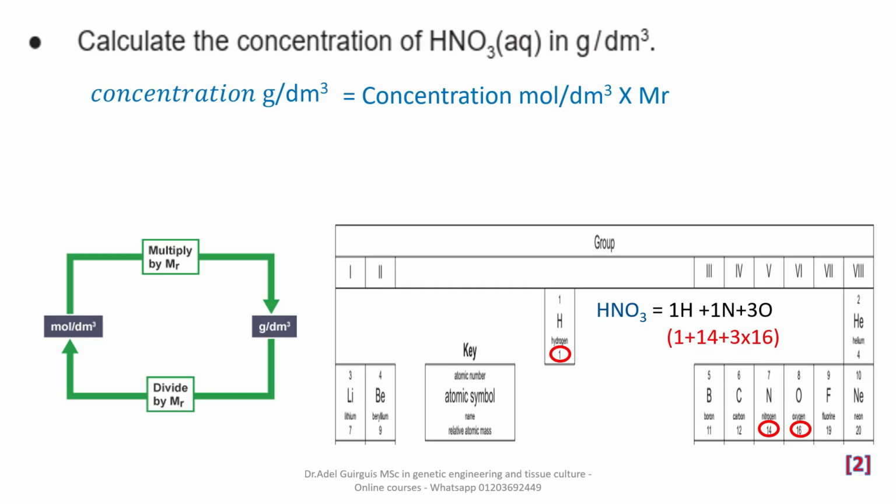So 1 plus 14 plus 3 times 16 equals 63. So MR equals 63. We can now substitute: 2.4 times 10 to the power minus 3 mole per cubic decimeter times 63 gives the last figure, 1.51 gram per cubic decimeter. This is the final answer.